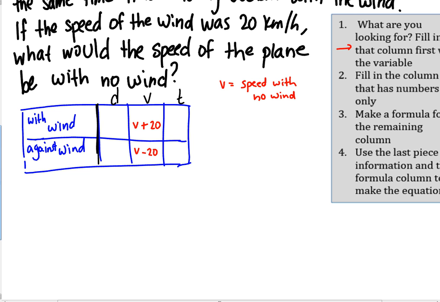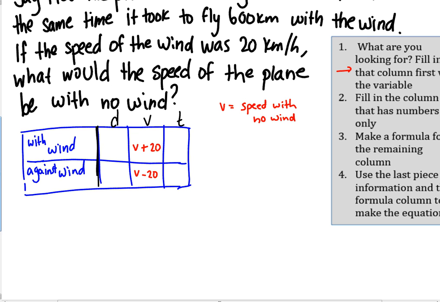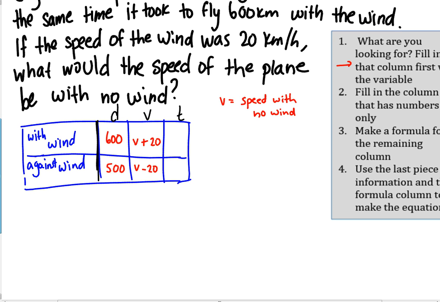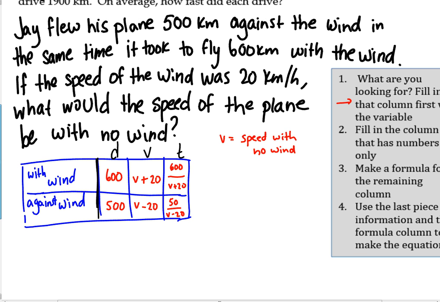Okay, now which one of these has just numbers in it? The distance. So when he flew against the wind, he traveled how far? 500. When he traveled with the wind? 600. So time is what divided by what? Distance over your speed. And how is my time related?